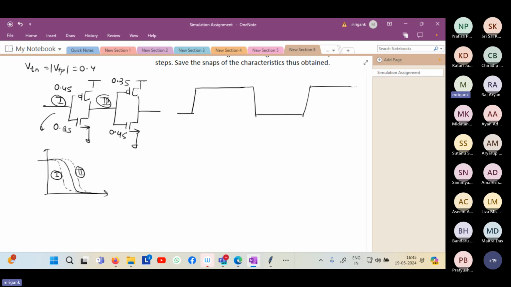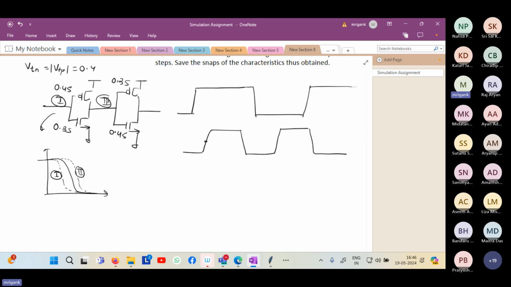Now if I look at any input waveform, what will happen to that? In the first case, the trip point is going to come earlier than expected. Let me draw a little more rise time and fall time for the input signal. Now, how do we find the duty cycle?